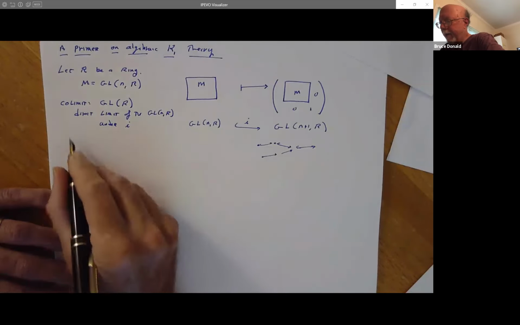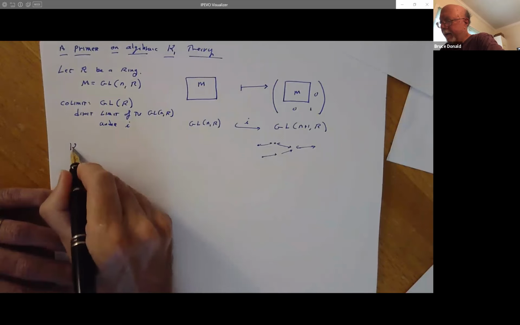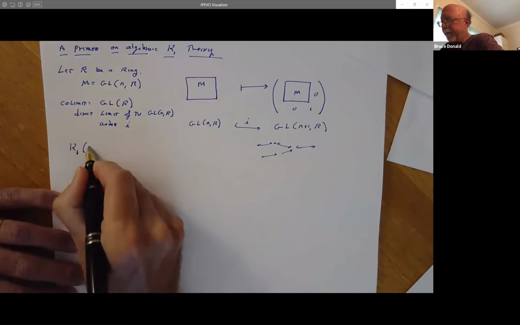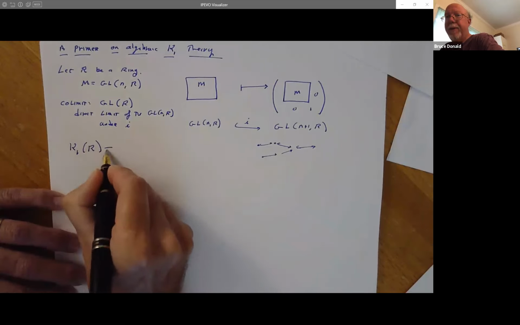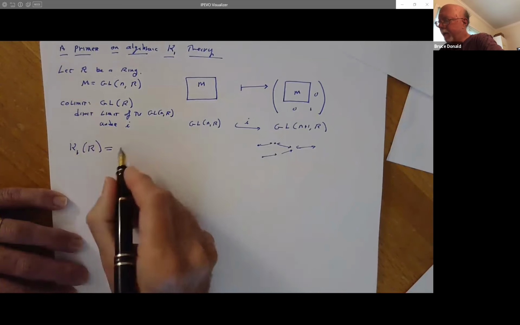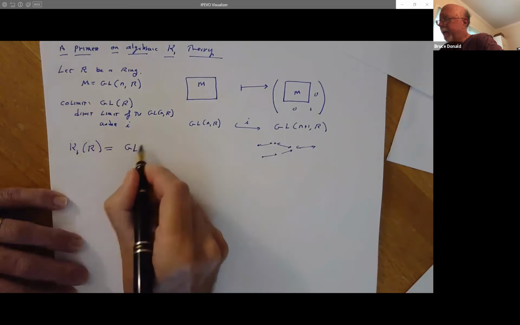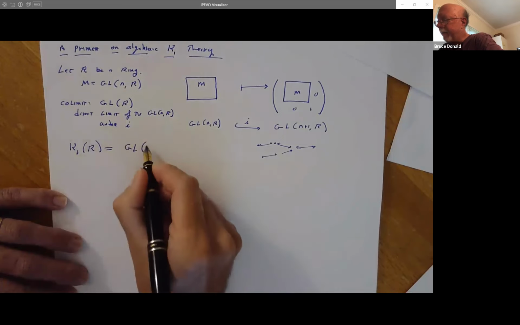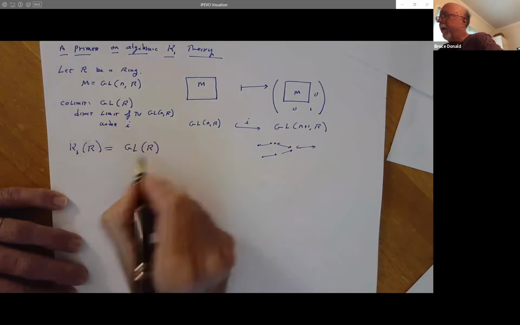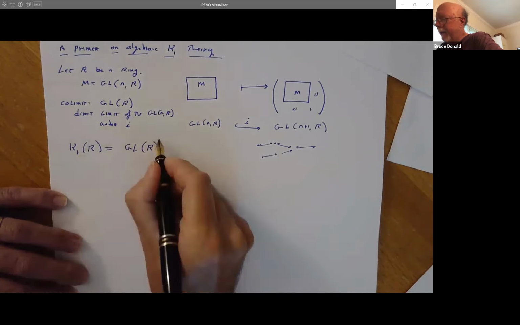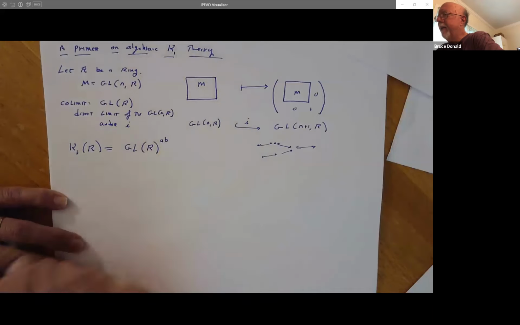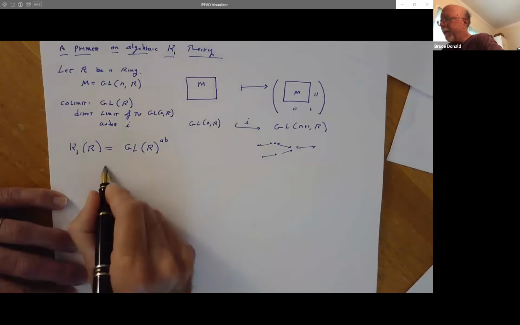So one way of thinking about what the K1 theory or K1 of this ring is, there are various ways you can think about this. One thing you can do is take this infinite object here, GL(R), the co-limit, and do what's called abelianizing it. So turn it into an abelian group. How would you do that?